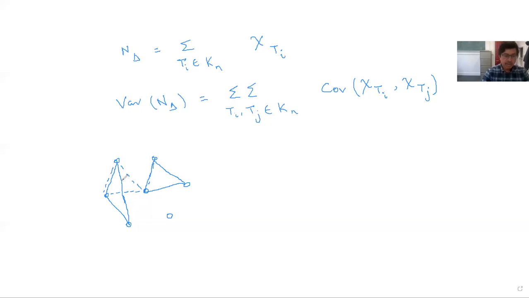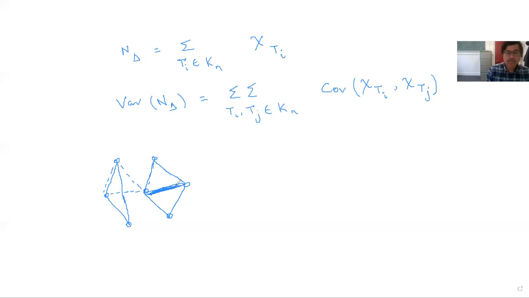But what happens if you do have common edges? So let's say you have this triangle here and also this other triangle here. So this edge is common to both triangles.